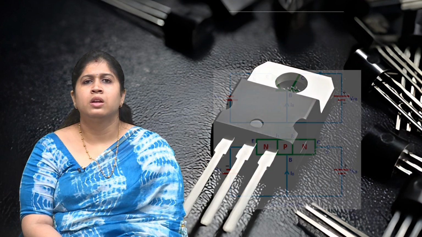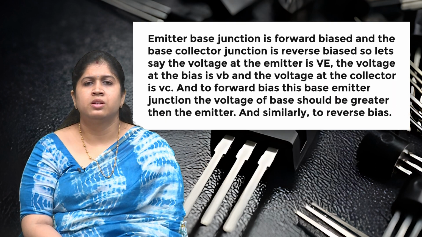In this figure, the emitter-base junction is forward biased and the base-collector junction is reverse biased. Let us say the voltage at the emitter is VE, the voltage at the base is VB, and the voltage at the collector is VC.